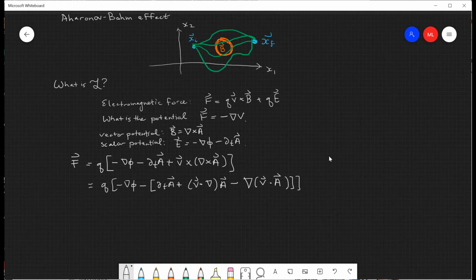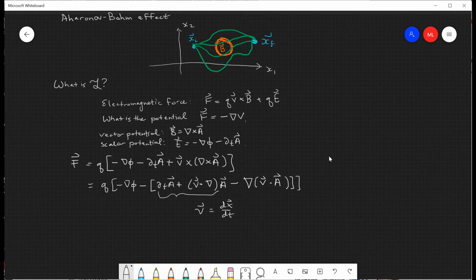And what this guy is, this must be the full time derivative of A, because A can change via explicit changes in time, if it's explicitly time dependent, or it can change due to the particle motion. Because remember, V itself is the particle position differentiated with respect to time.